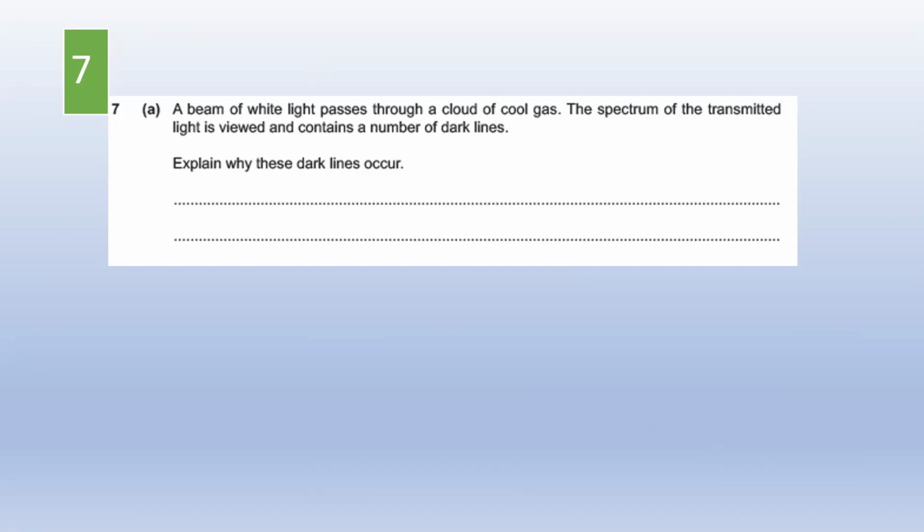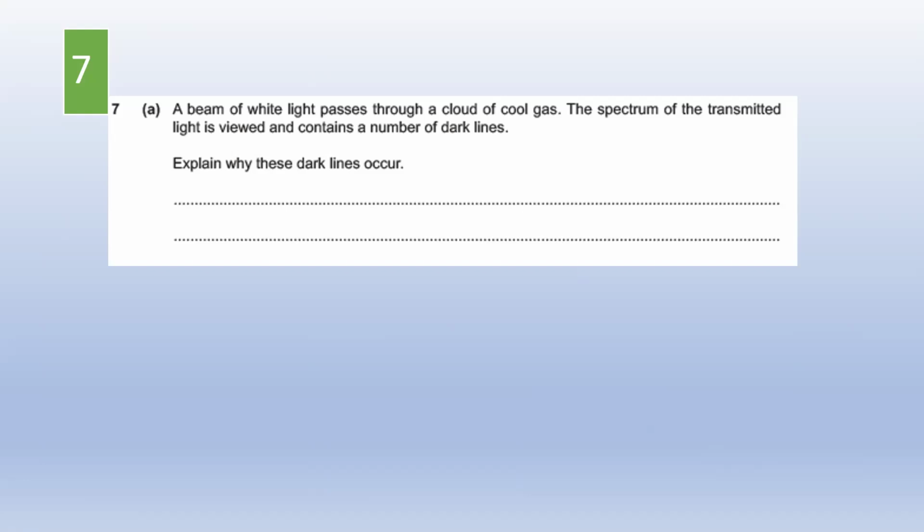First the photon is absorbed. The electron is excited. It's the electron that absorbs the photon and moves to a higher energy level.